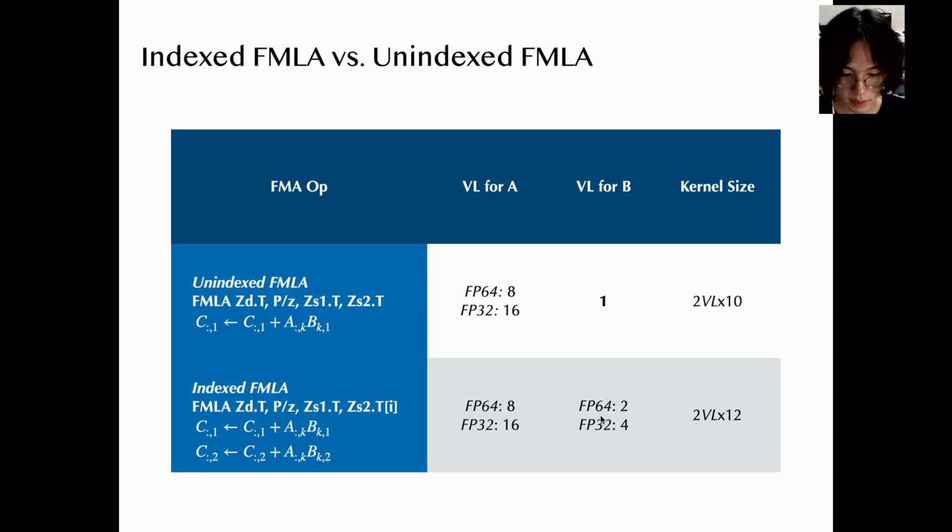And for single precision, this problem is more severe because the indexed FMLA allows 4 elements in one vector.